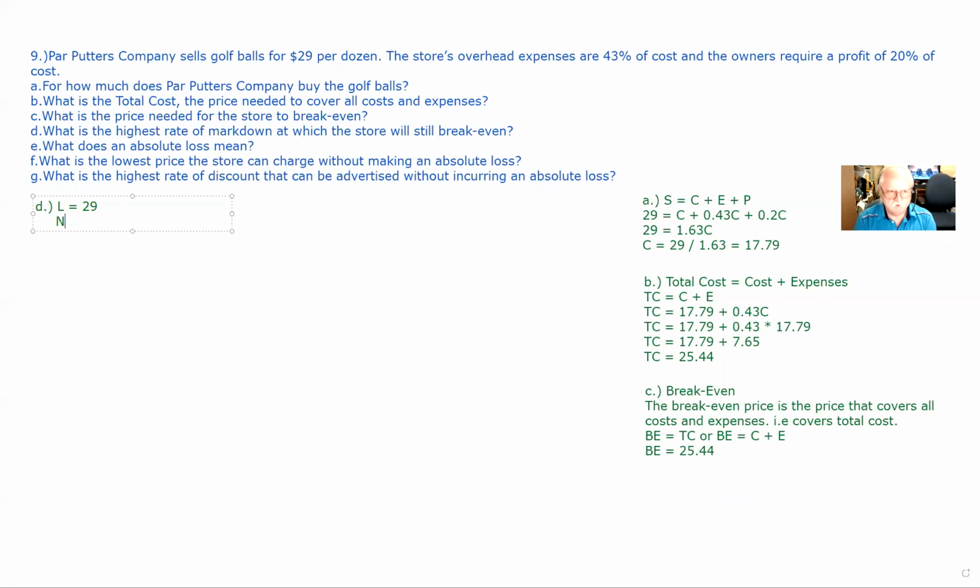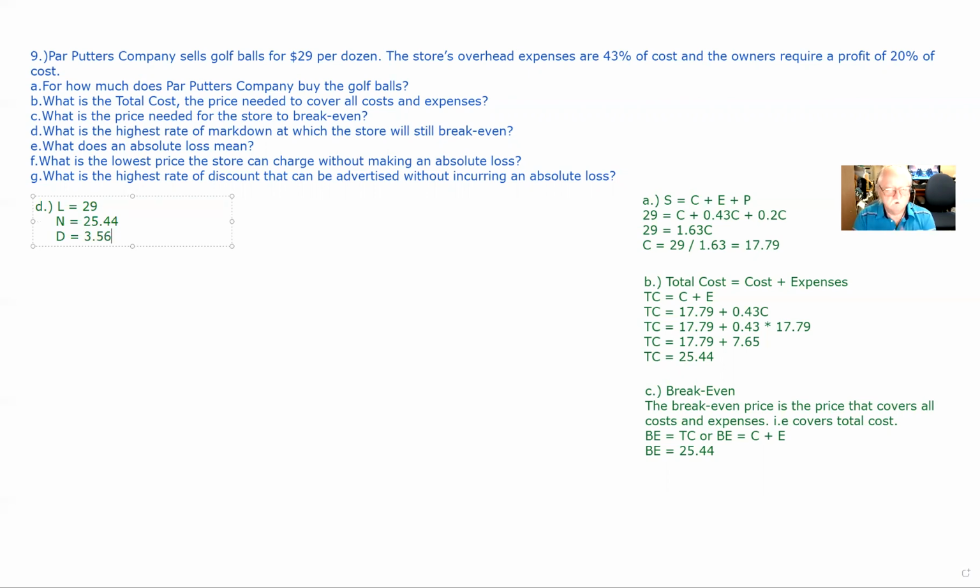The net price is $25.44, and the dollar value of the discount is the difference between these two. So 29 minus 25.44 is $3.56.